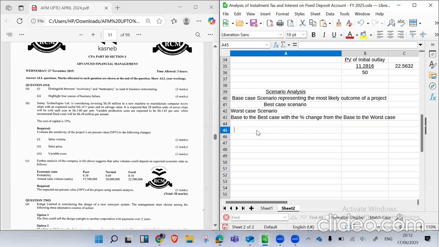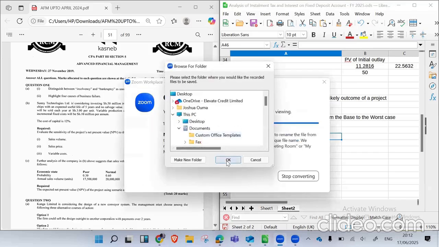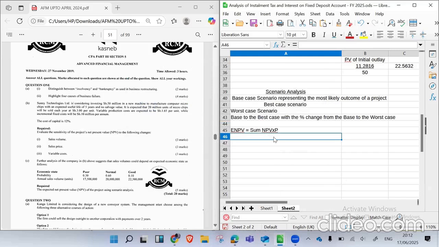And we know that expected NPV equals the summation of NPV times probability. So can we have the three NPVs? NPV under poor condition.